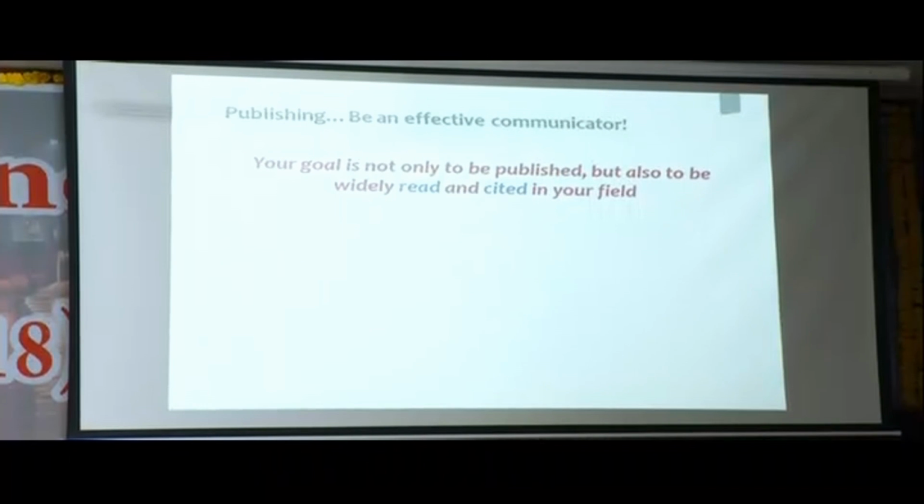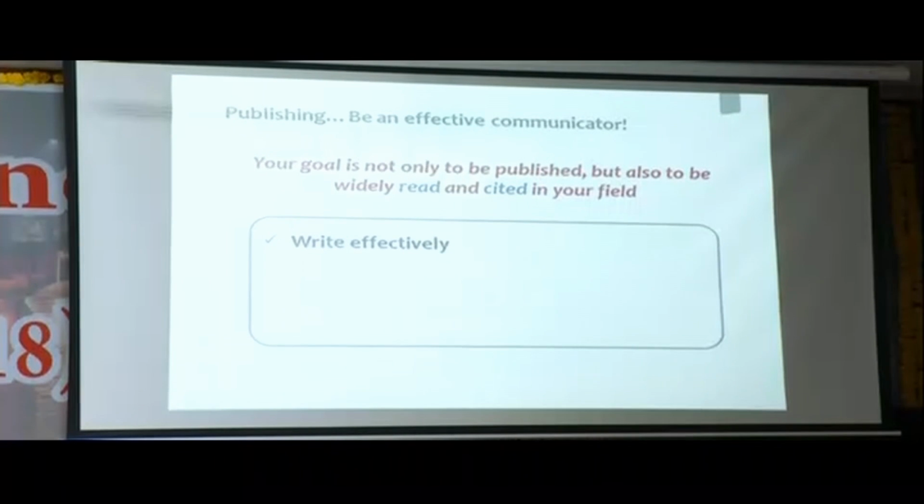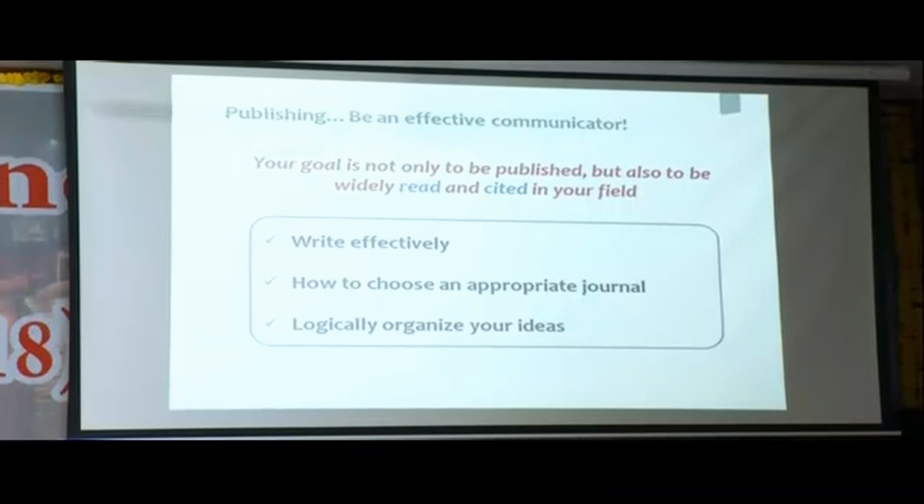There are three important criteria here, or skills to have. The first one is to write effectively. Effective writing is very important in science, and also the selection of the appropriate journal.